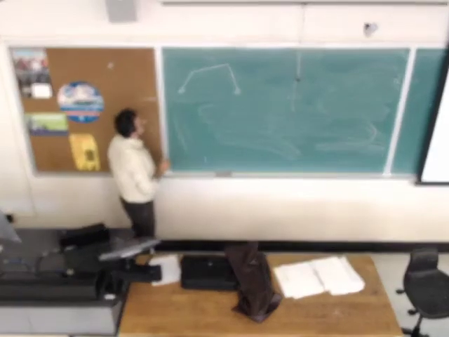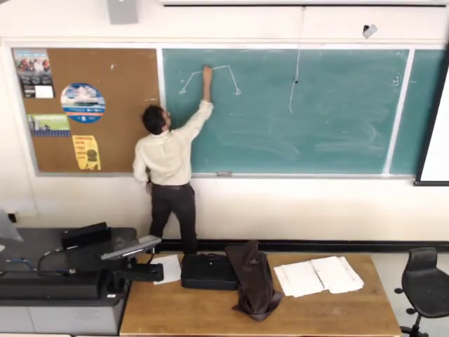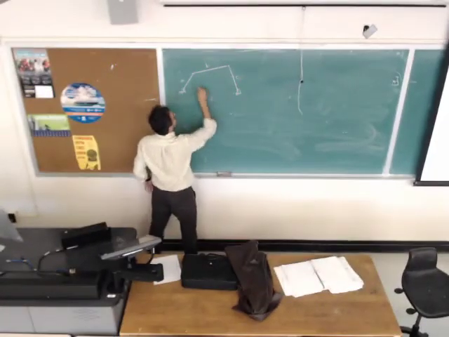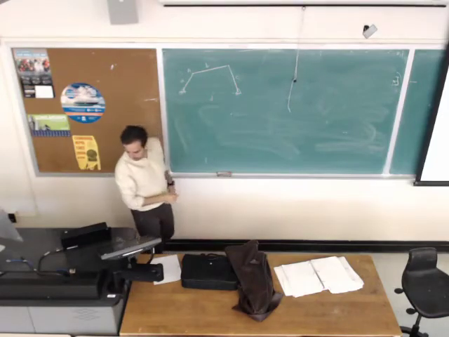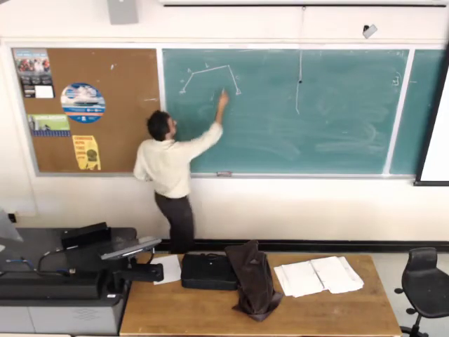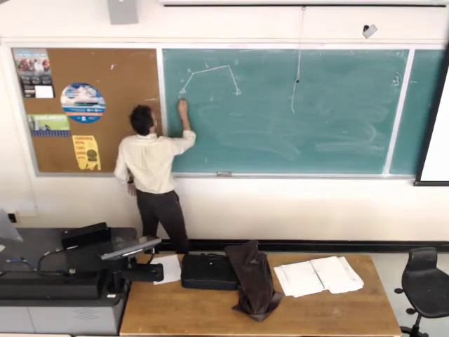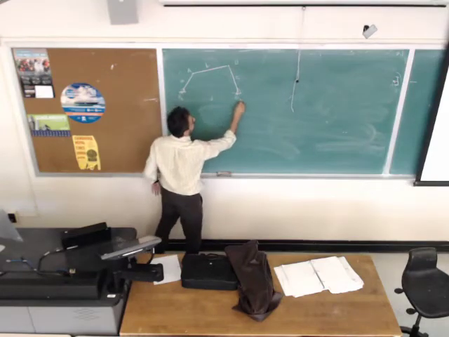It's a 4-bar mechanism. The lengths are A, B, C, and D. This point is A, this point is B, O2, O4.